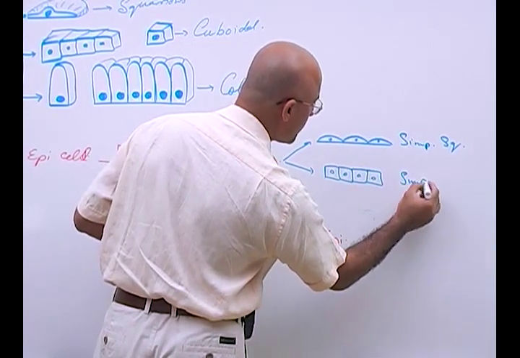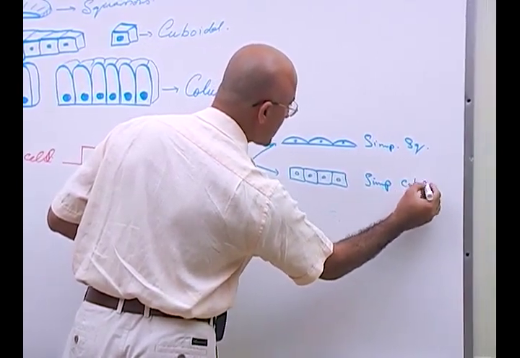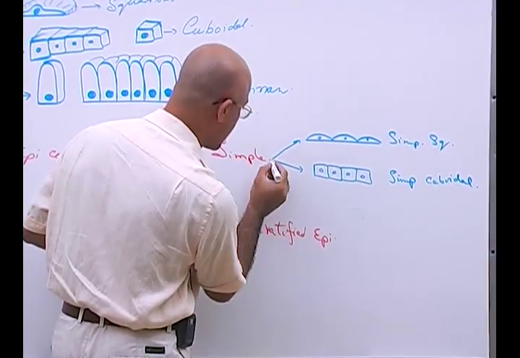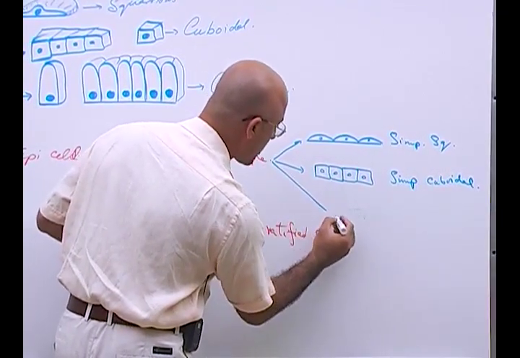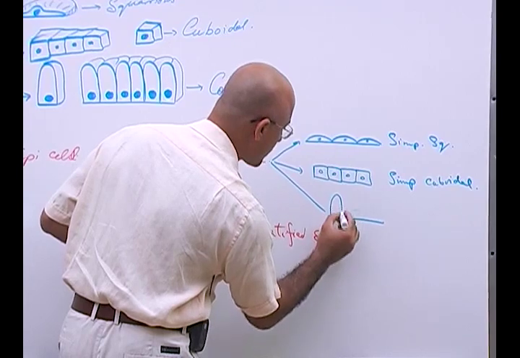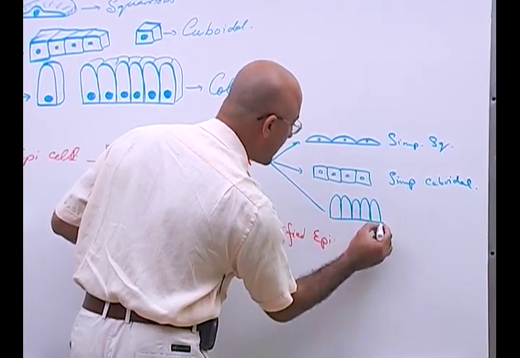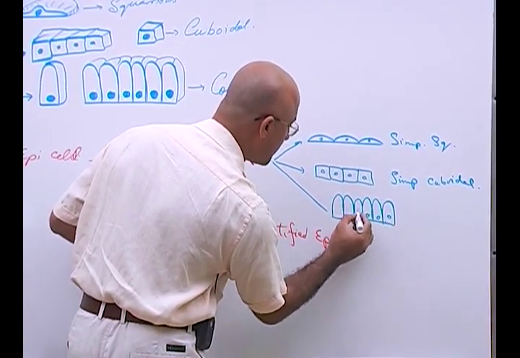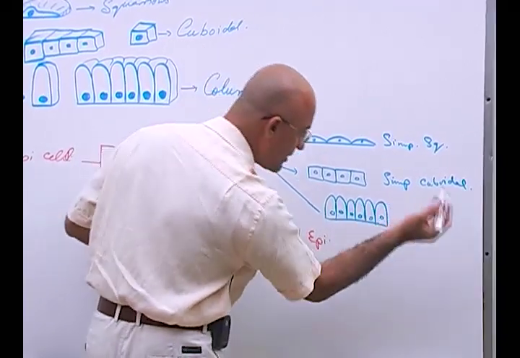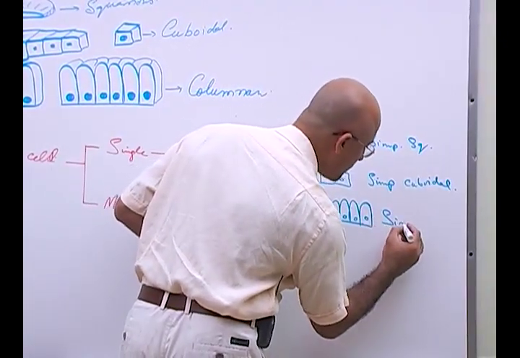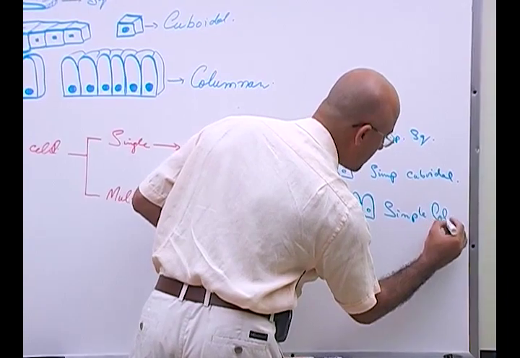Simple, yes, cuboidal epithelium. And if cells are columnar, but there is only one layer of cells, what kind of epithelium is this? Yes, simple columnar epithelium.